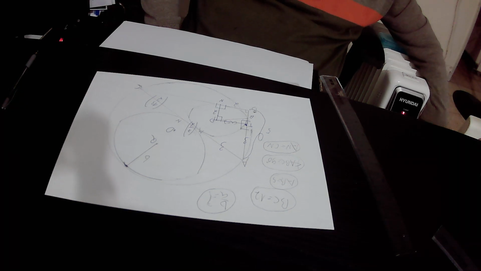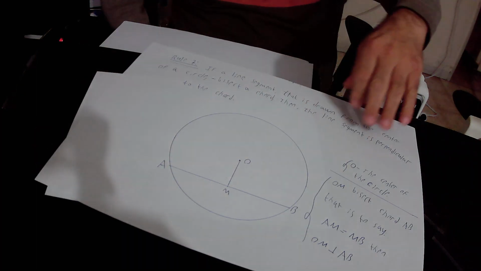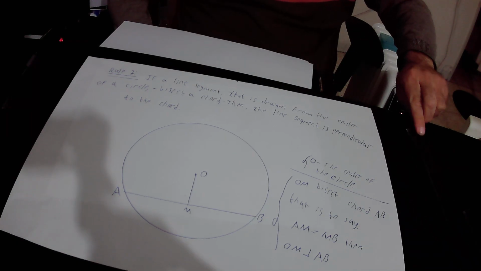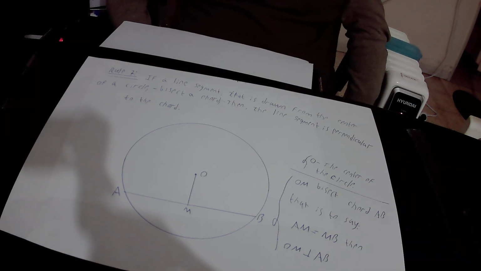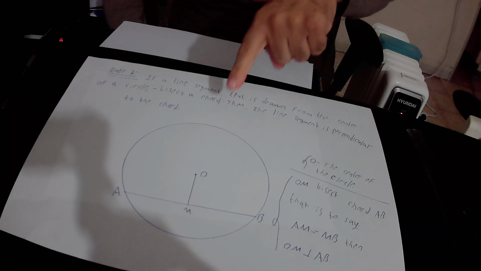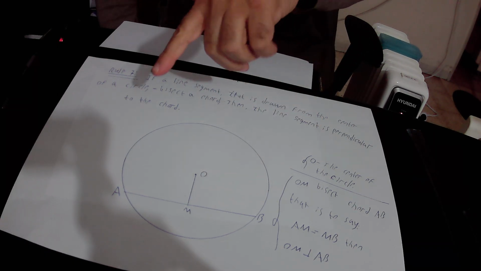According to rule number 7, if a line segment that is drawn from the center of a circle bisects a chord, then the line segment is perpendicular to the chord. The center of this circle is here at point O. We have the line segment ON, the line segment OM that bisects chord AB.